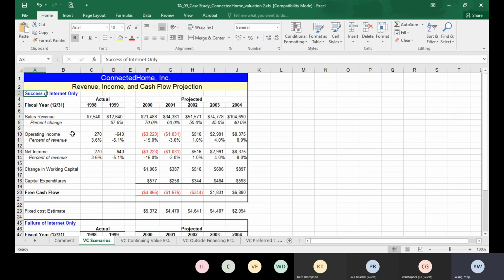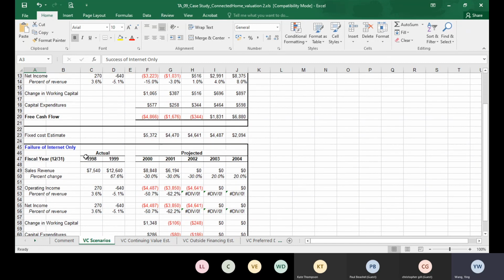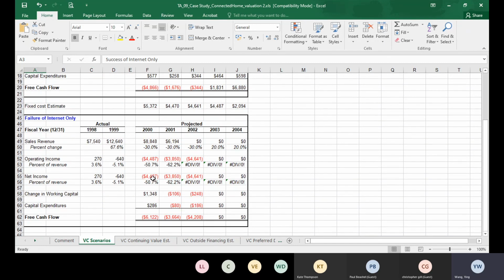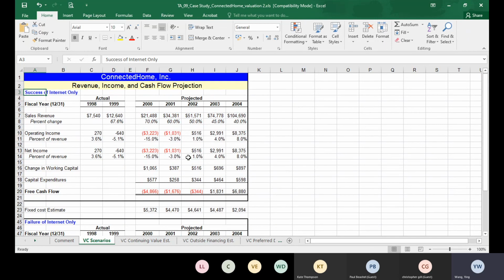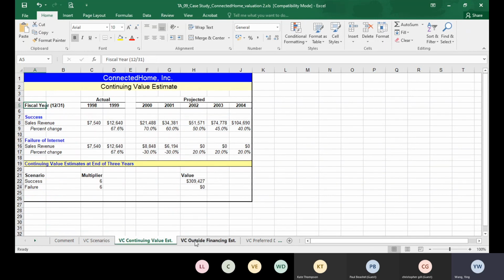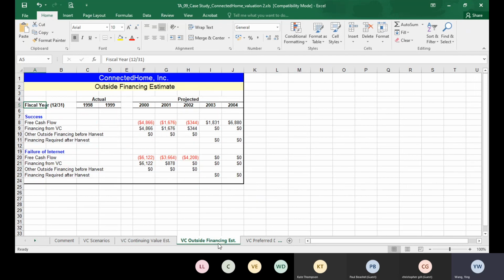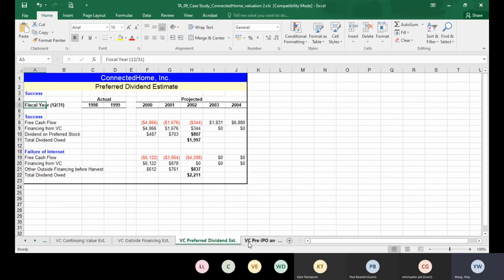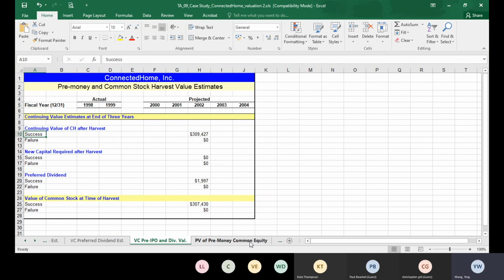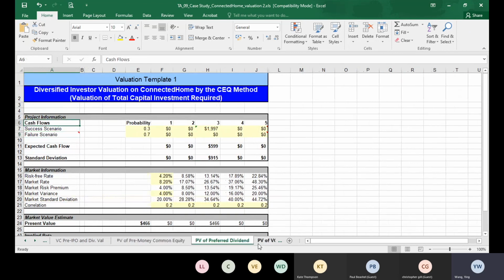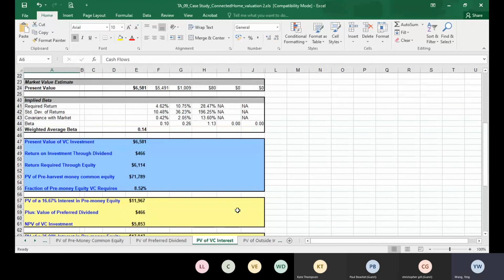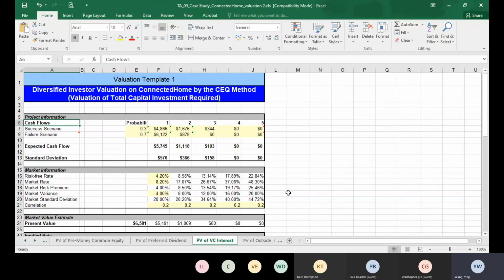In other words, they assume the business drops the mail order business line and focuses on internet, and that's the success or failure of internet. In this valuation technique, that's similar. You might have seen that similar spreadsheet before, with continuous evaluation, outside founding dividend, pre-IPO, common share dividend, interest. So that's based on the internet only.